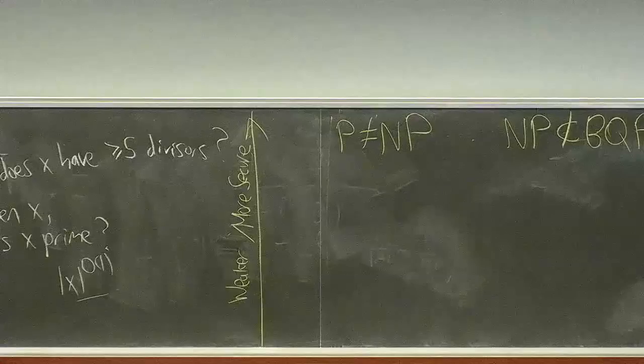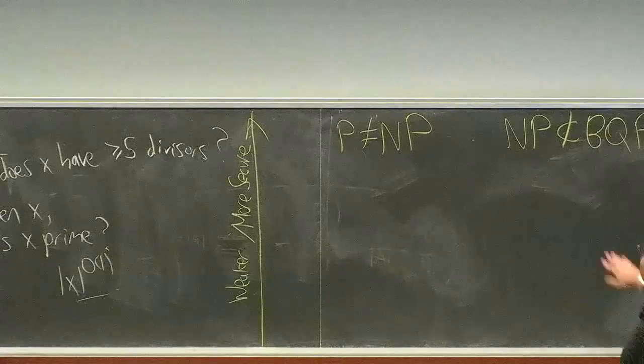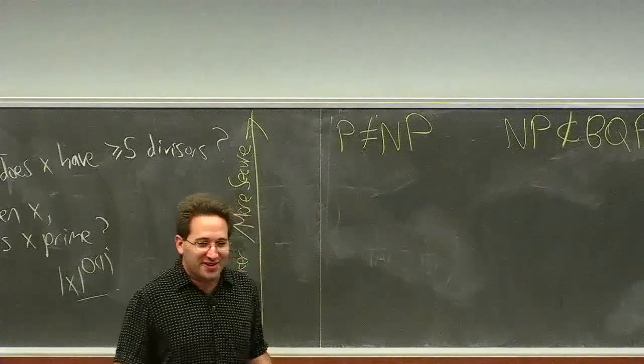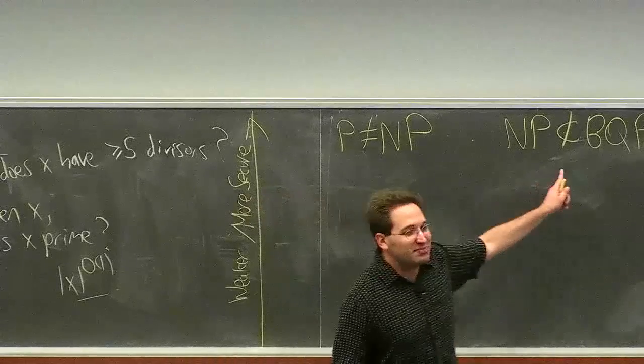BQP stands for bounded error quantum polynomial time. Basically, it's just the quantum computing version of P. It's the class of all the decision problems that are efficiently solvable using a quantum computer. And although many popular articles may give the impression otherwise, we also strongly believe this.